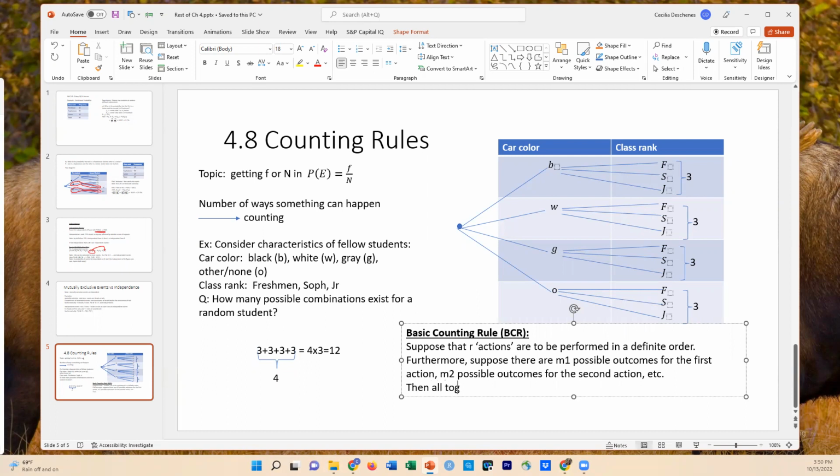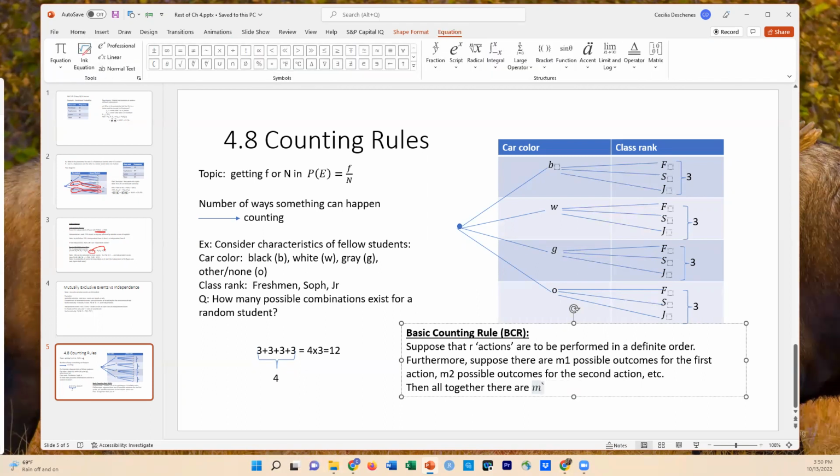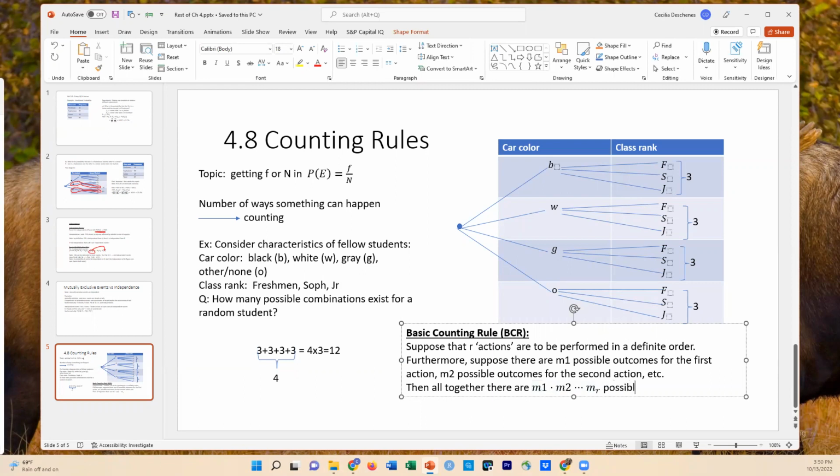Then altogether, there are M1 times M2, and so on, multiplying them all together, however many there are, up to M sub R for the Rth action, possible outcomes.